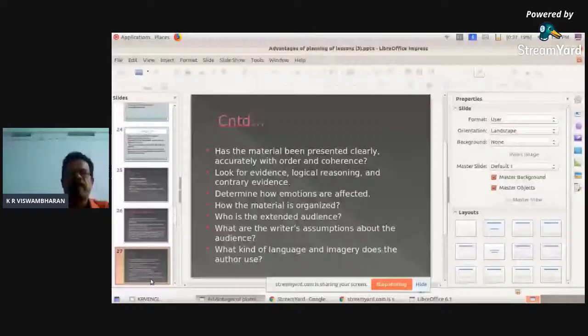What are the style and imagery? Everything should be analyzed critically. The style and language, everything should be critically analyzed.